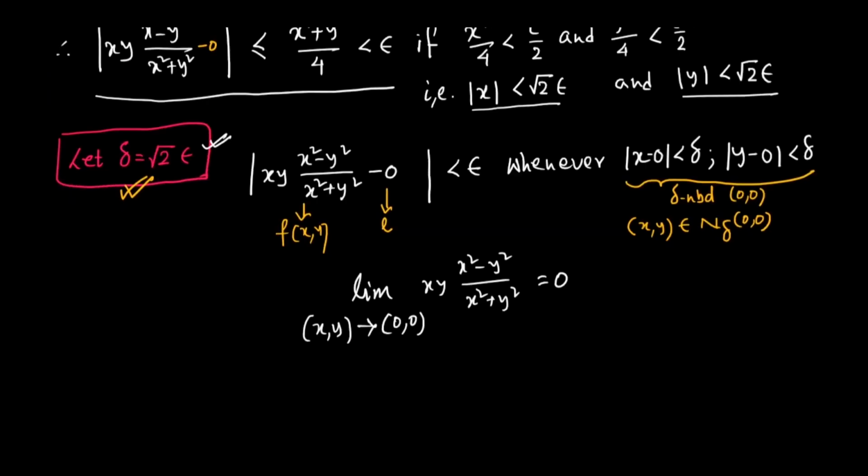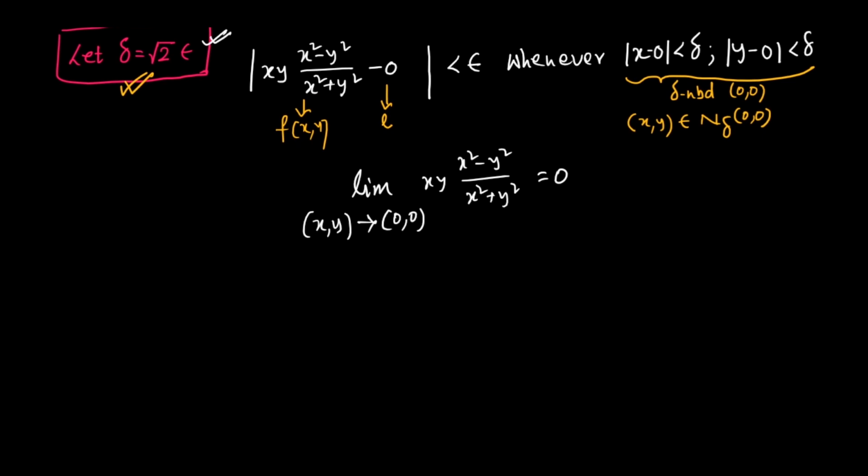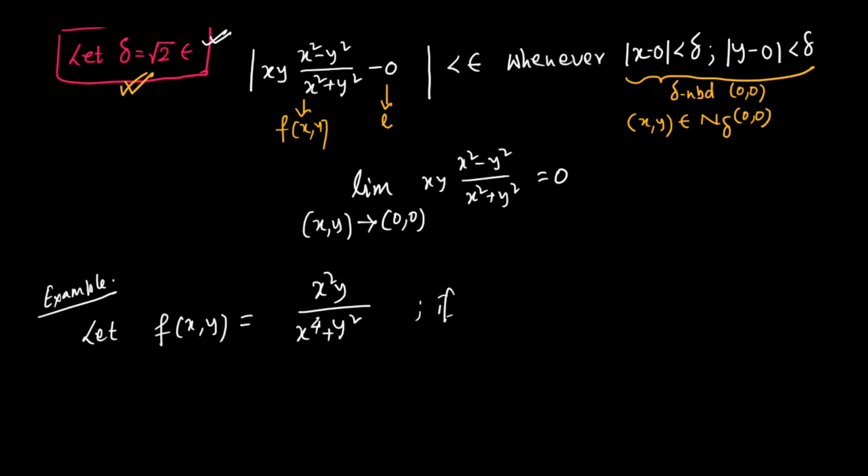Let us consider another example. Let f(x,y) be equal to x squared y divided by x to the power 4 plus y squared, if the denominator, that is x to the power 4 plus y squared, is not equal to 0.